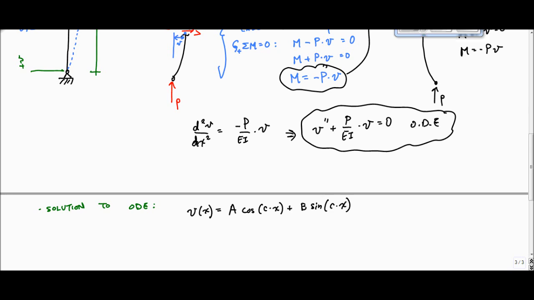Yes, that looks familiar, right? And it's equal to 0, so it's a homogeneous one as well. There's no particular solution.